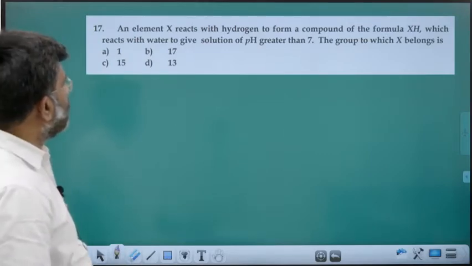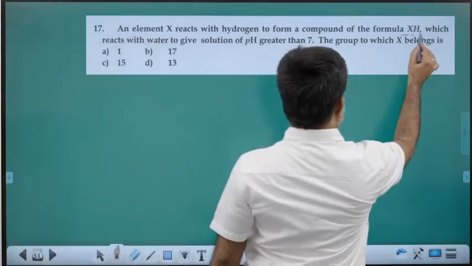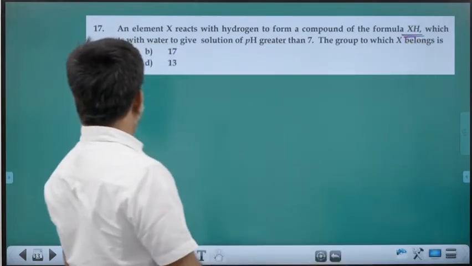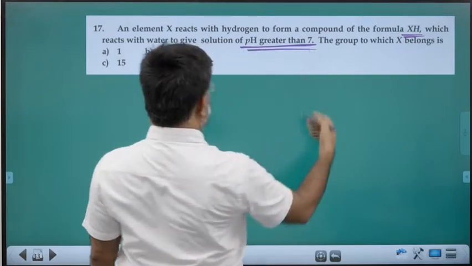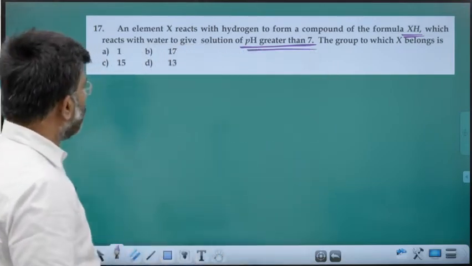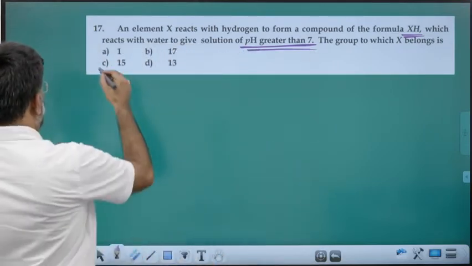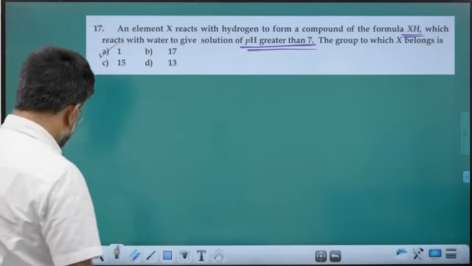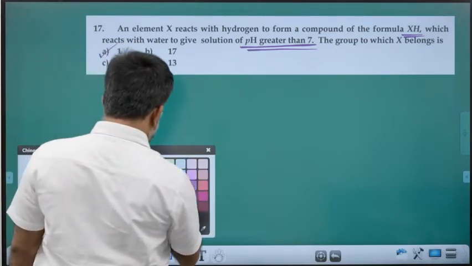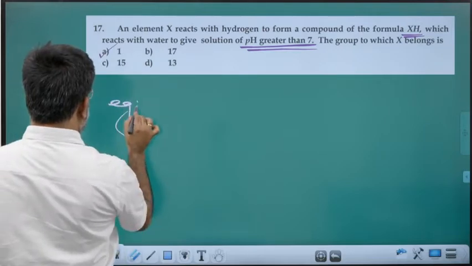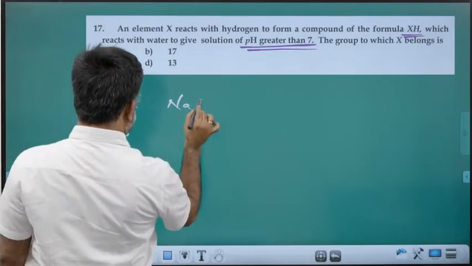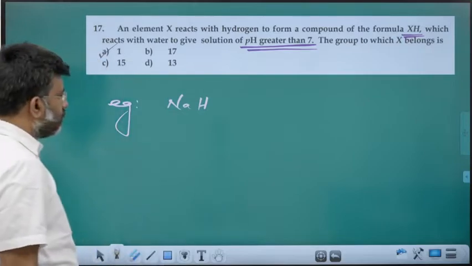An element X giving HX, and that with water giving pH greater than 7, alkaline solution. Where does X belong to? Why doubt? First group, because first group hydrides will be, for example, sodium hydride, NaH.